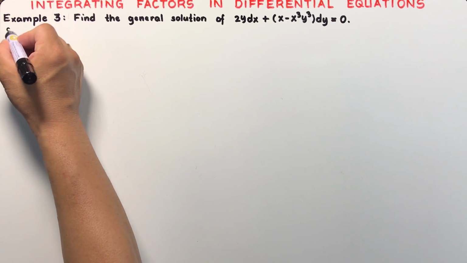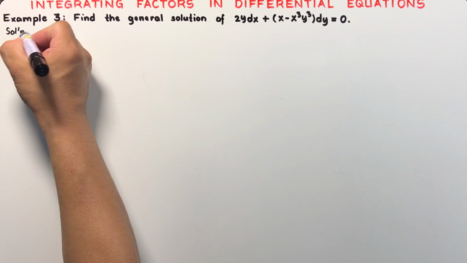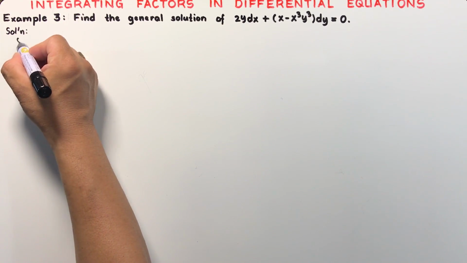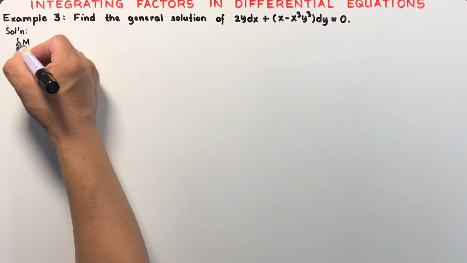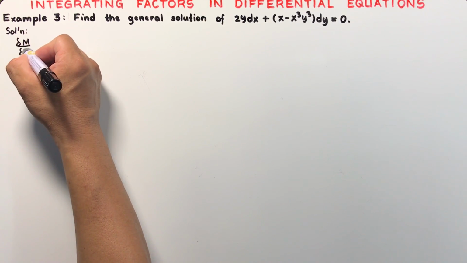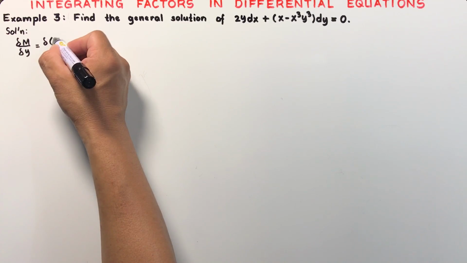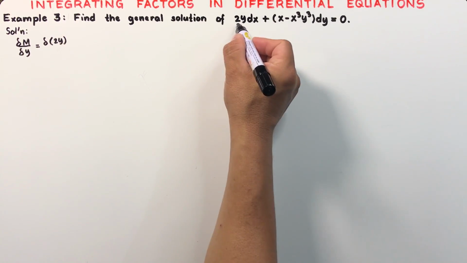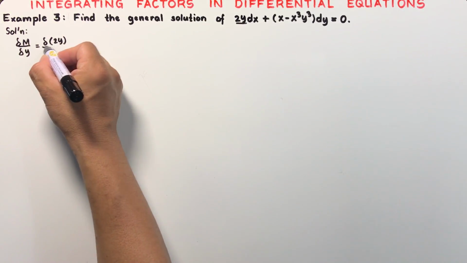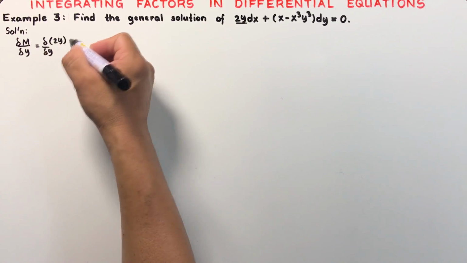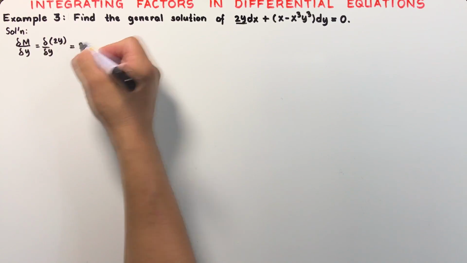Because we can apply the test for exactness here by taking the partial derivative of M with respect to y, where our M is only 2y here, which is only 2.